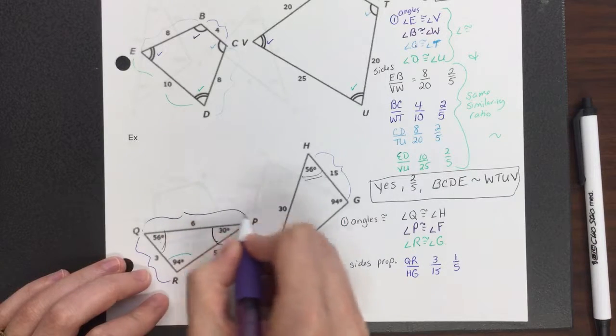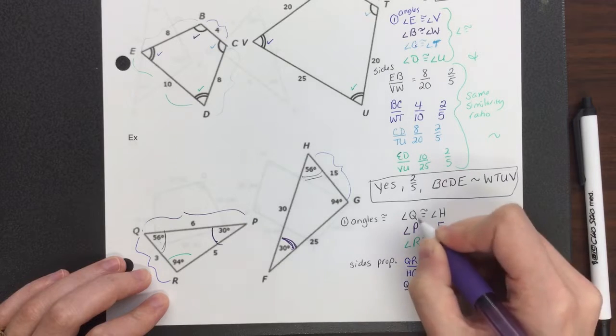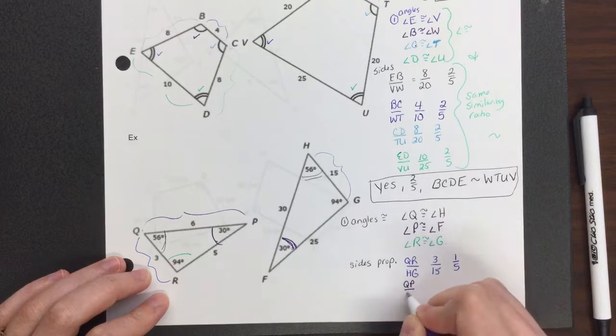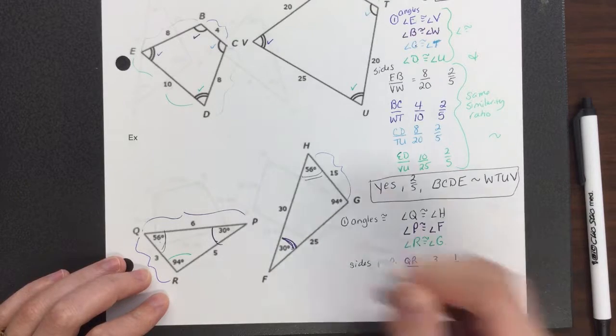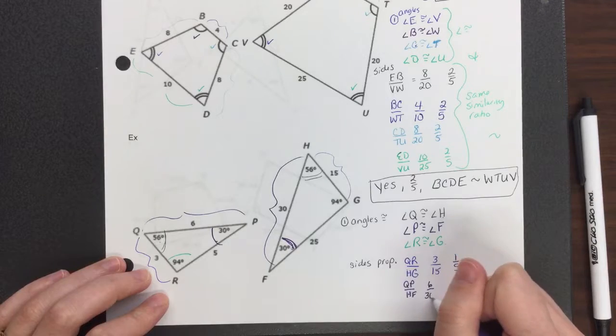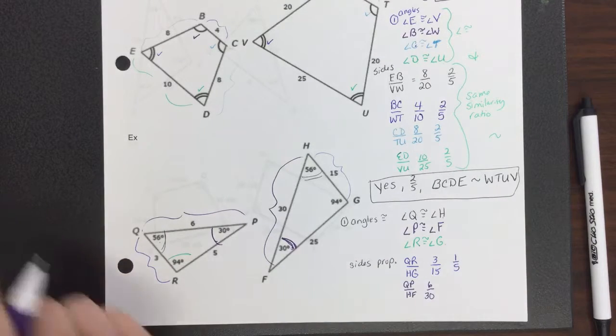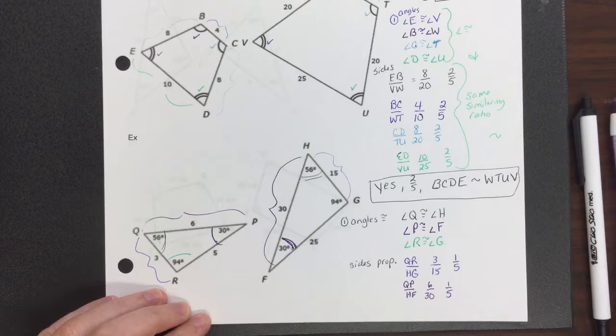Next, let's do QP. QP matches up with HF. QP has a value of 6 over HF has a value of 30. And 6 over 30 is going to simplify down to 1/5.